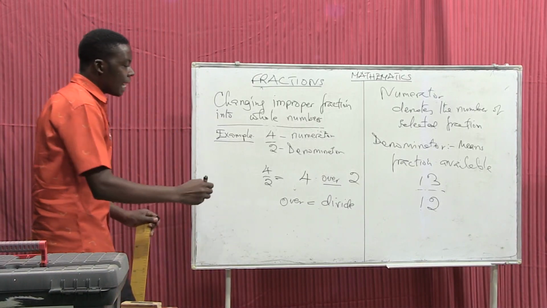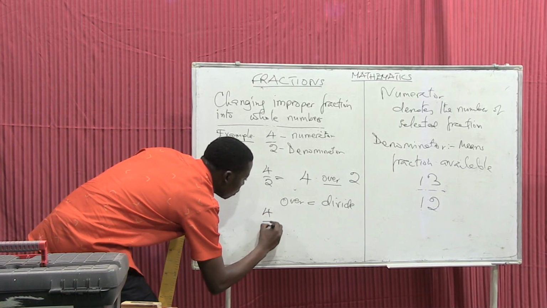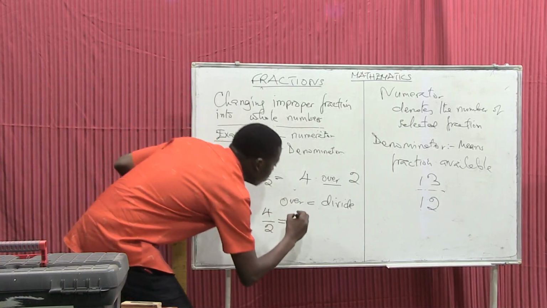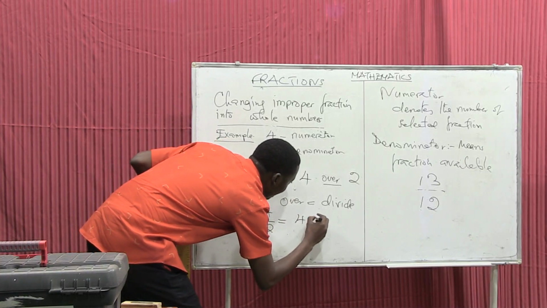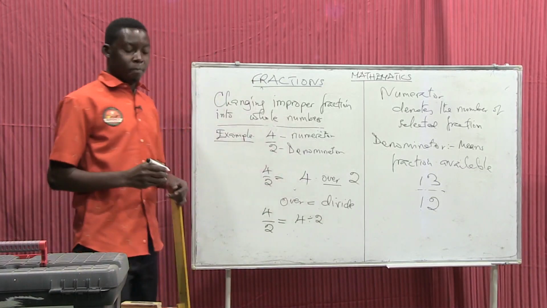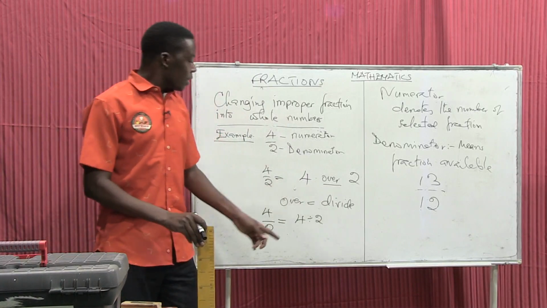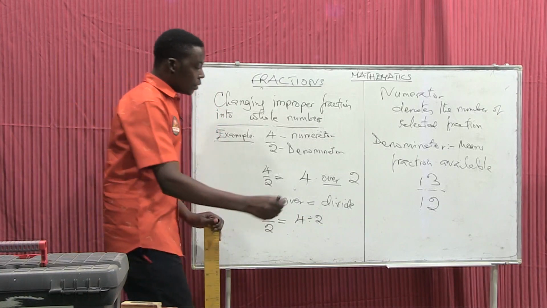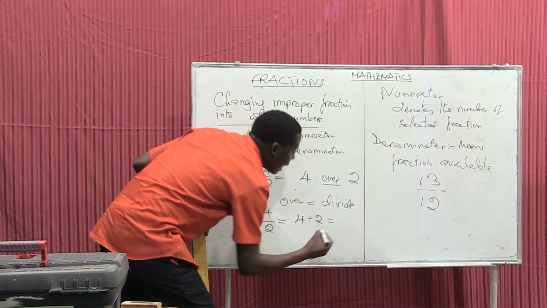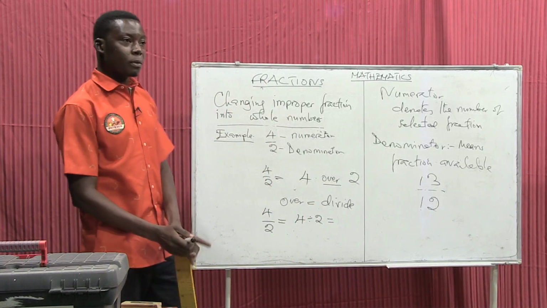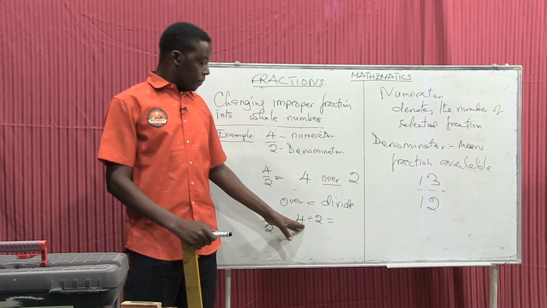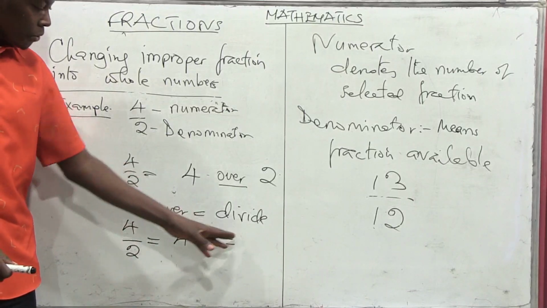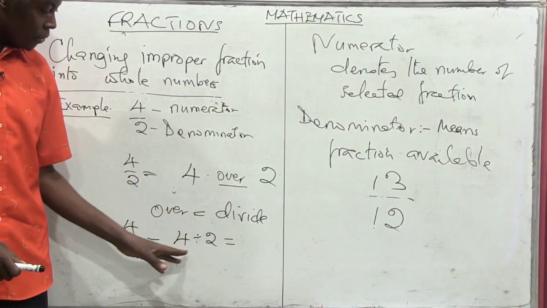So 4 divided by 2, 4 over 2, is the same as saying 4 divided by 2. Now class, you can apply the concept of the multiplication table by trying 2 times how much gives you 4.